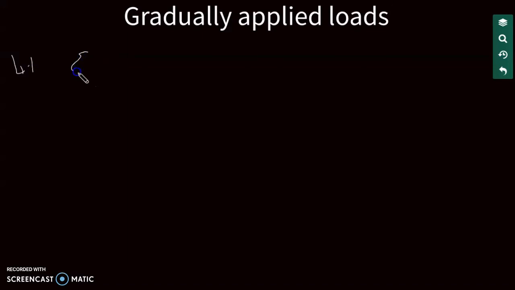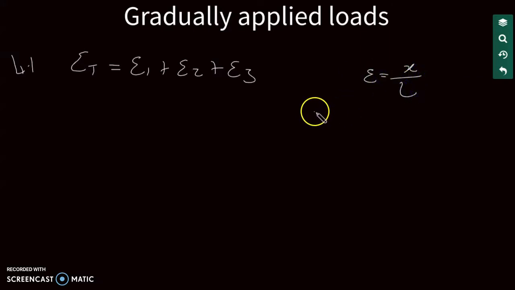We're going to use the strain to calculate for the inside diameter, which is the total strain that is given to us. The total strain is given by strain number 1 plus strain number 2 plus strain number 3, since we have 3 sections in this member. Therefore, we know that the formula to calculate strain is the change in length divided by the original length, or the total length. And then we are going to substitute here.